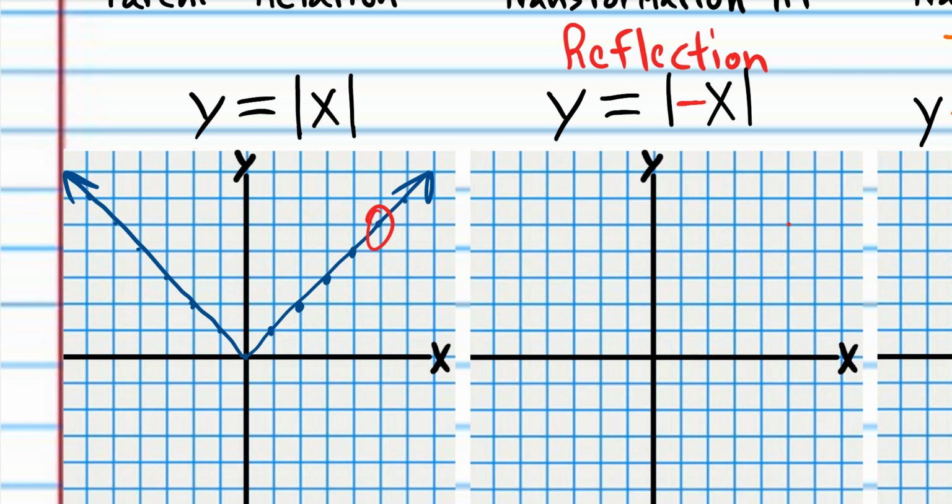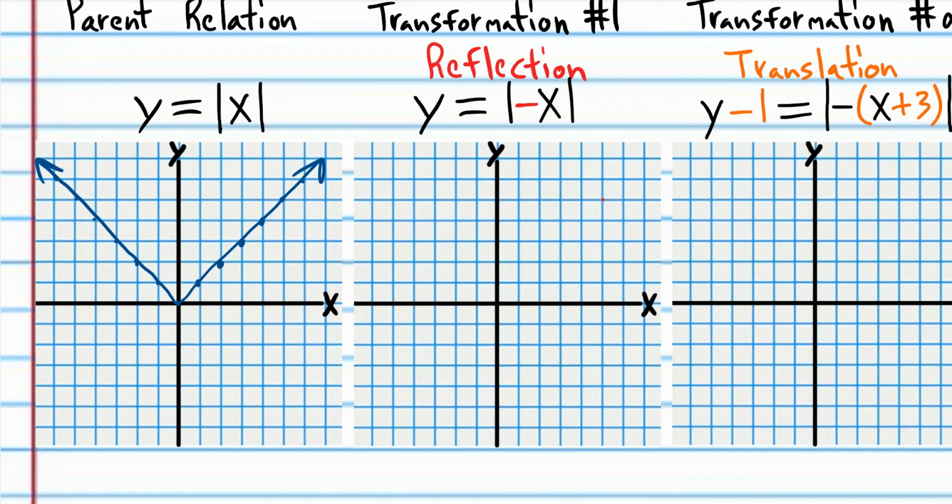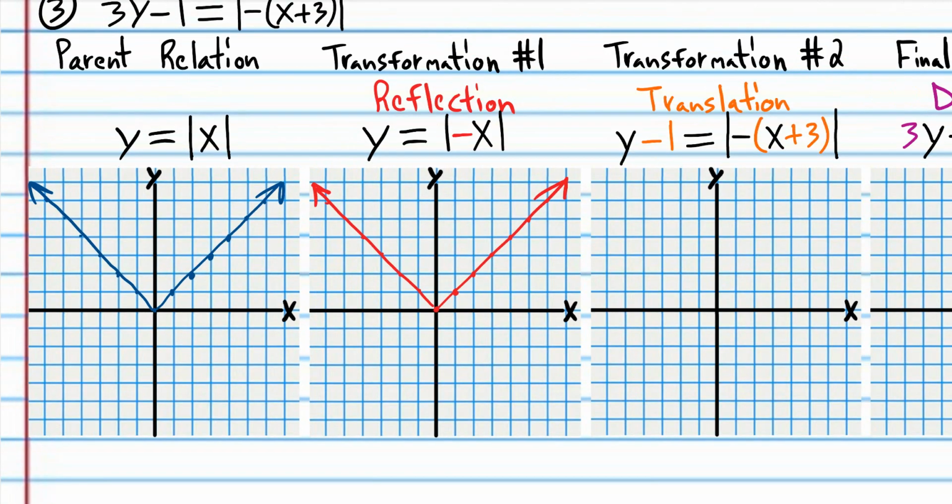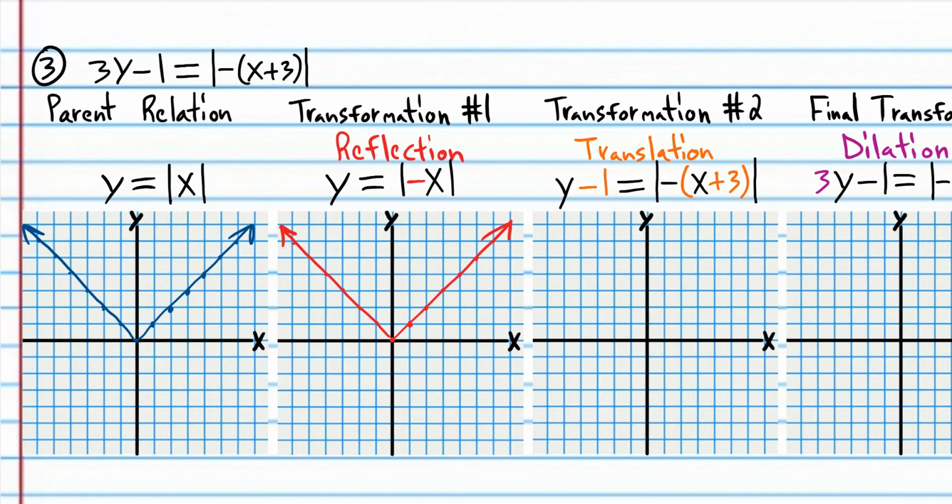But when you do that, notice you just land on a point that was already there. When you reflect this point across, you reflect on top of a point that was already there also. So in this case, when you reflect across the y-axis, you're just going to get the same graph that you had before. Sometimes that happens. So we just draw the same graph. So the negative really doesn't affect much at that point.